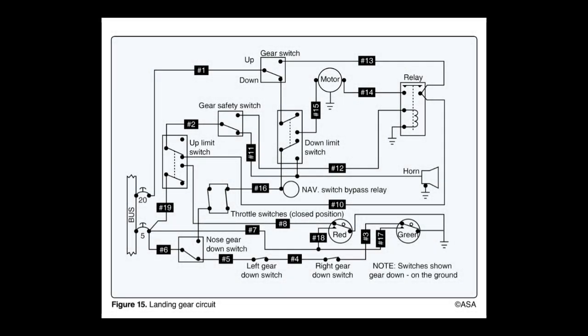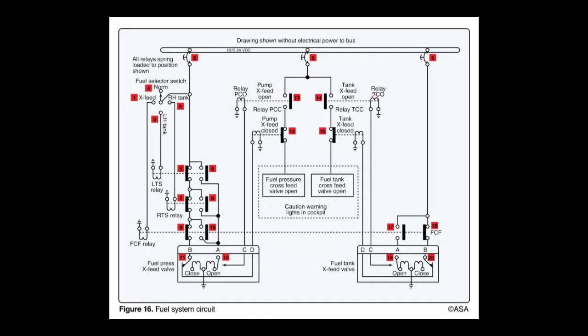When the landing gear is down, the green light will not come on if an open occurs in wire 6. Refer to Figure 16. The TCO relay will operate if 24 volts DC is applied to the bus and the fuel tank selector is in the crossfeed position.